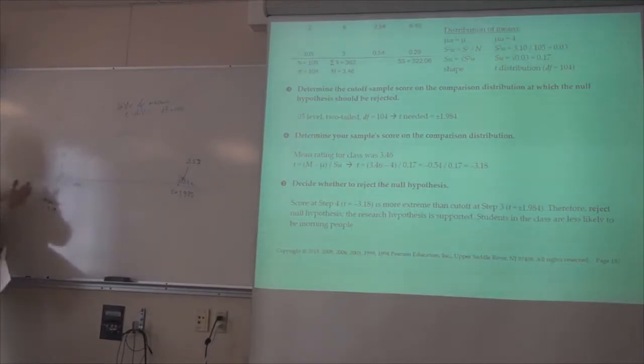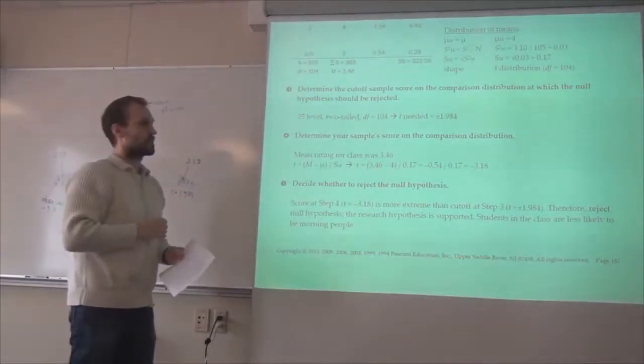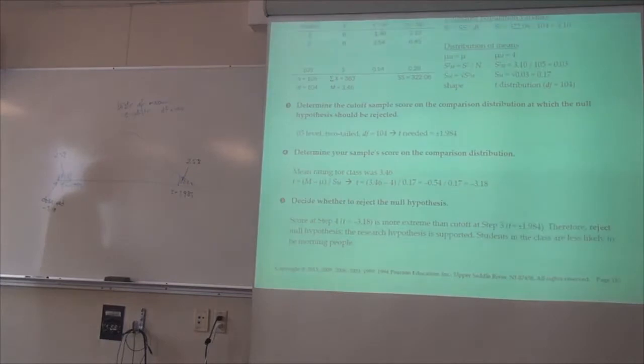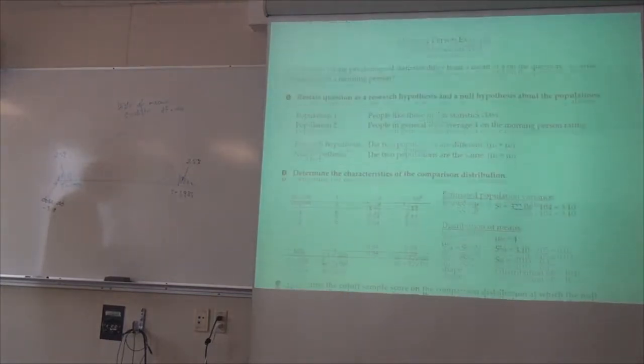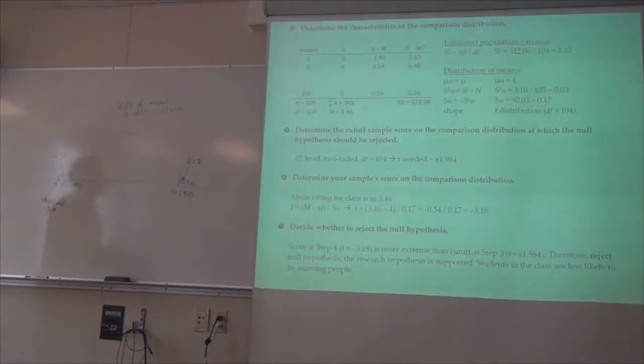And more so, that a class like that is less morning than the average rating for a morning person, yes or no. Does the process for this hypothesis test procedure make sense? It's exactly the same, just a slightly different distribution because we had to estimate the variance.